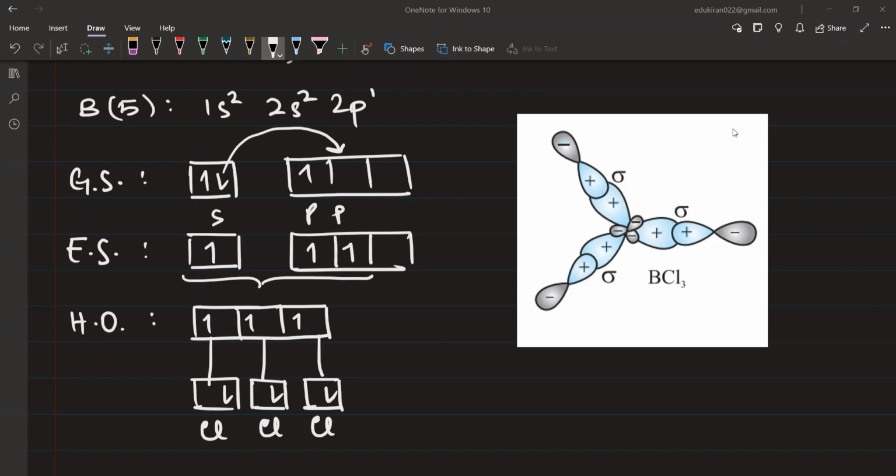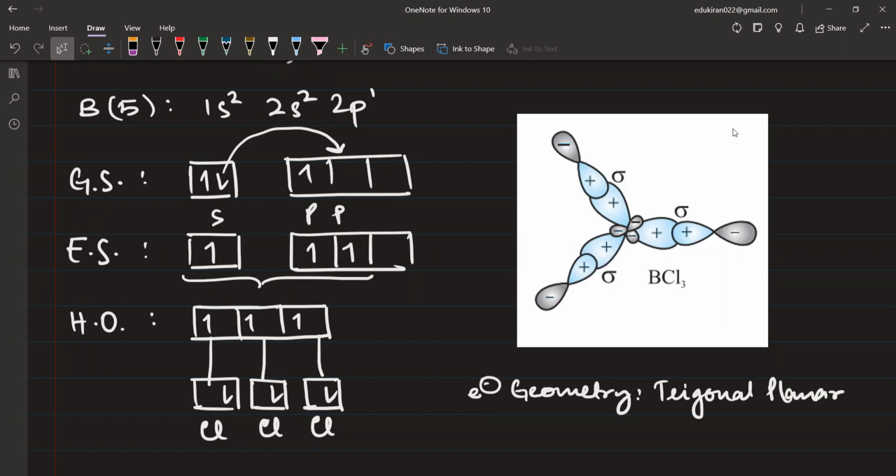So here again, the electronic geometry is going to be again the same thing, trigonal planar, and the shape is going to be trigonal planar.